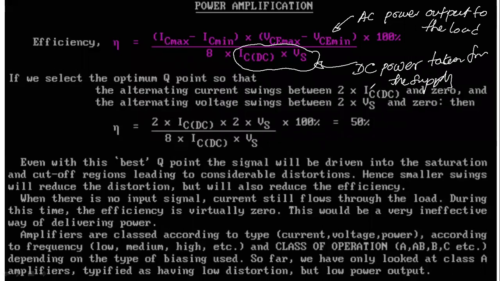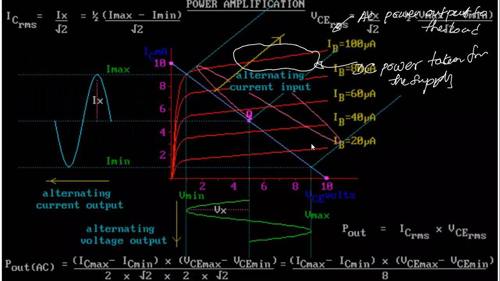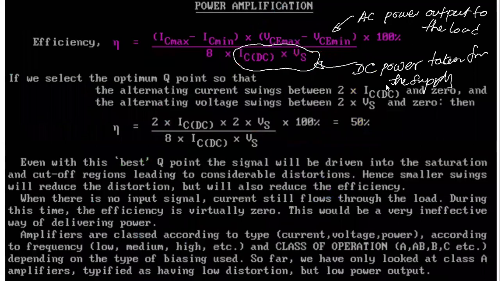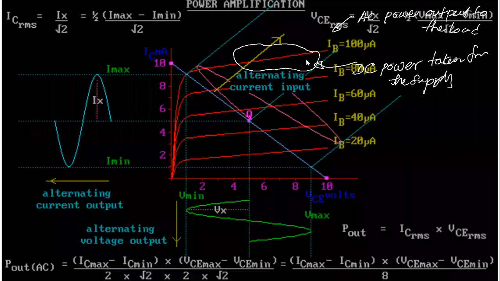As you know, if you operate in terms of IC, the IC current, you can write IC times Vs. Vs represents the supply voltage, and then IC represents the IC current drawn from this Q point.